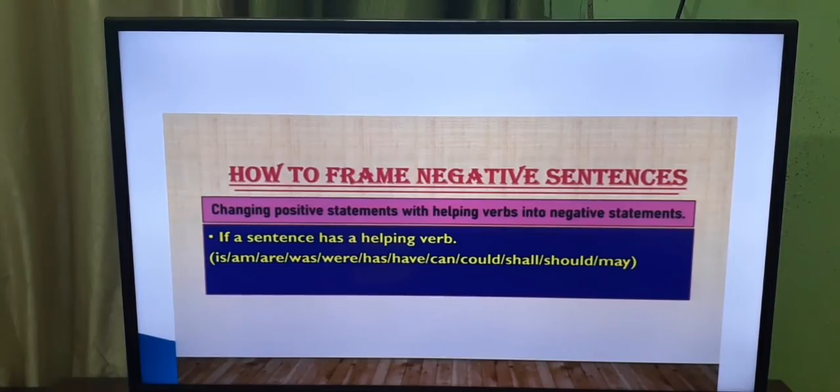For that, you just have to read the sentence and find out the helping verb in the sentence.